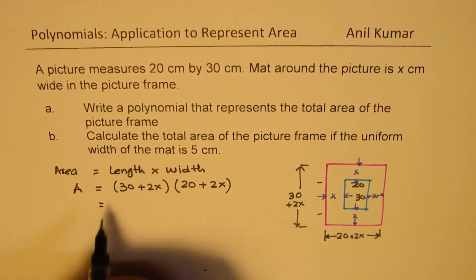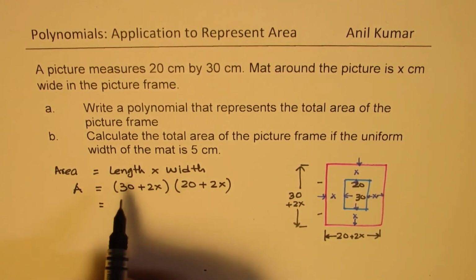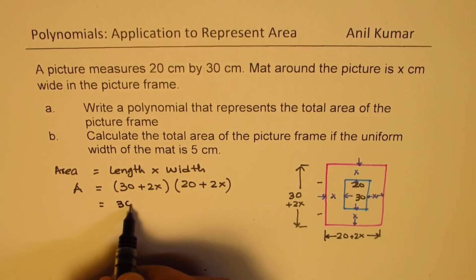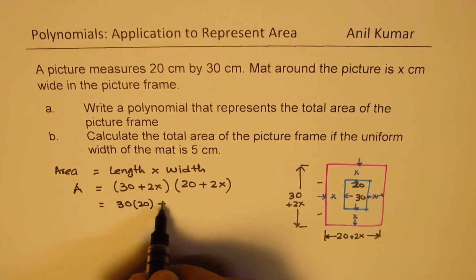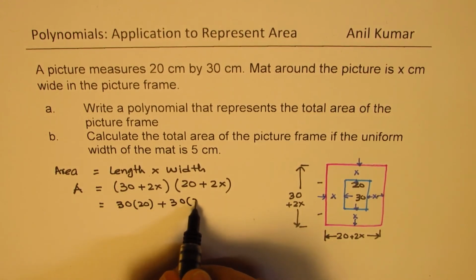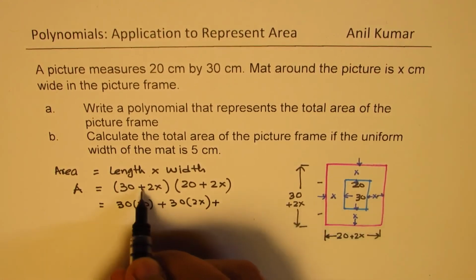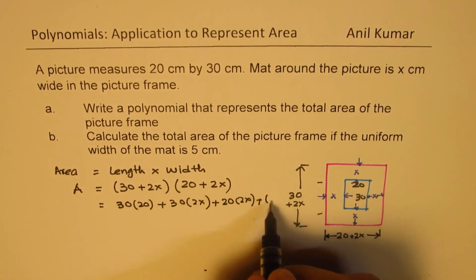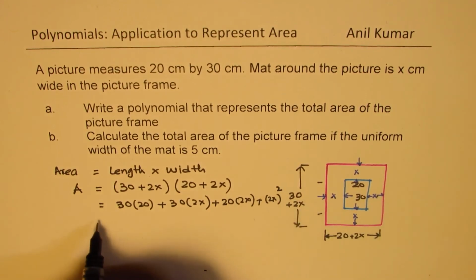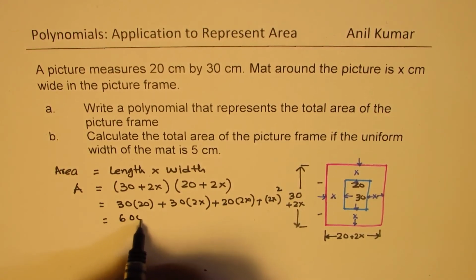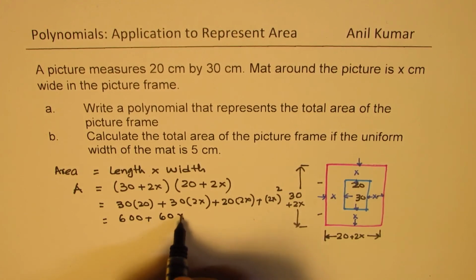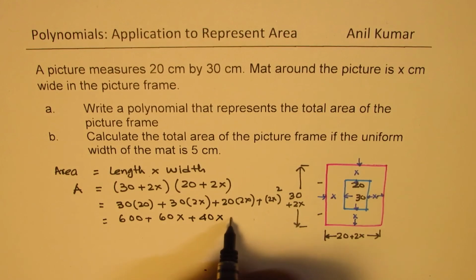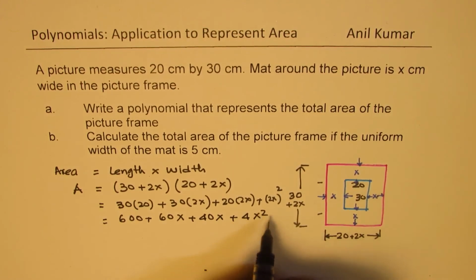Let's do that. So if I multiply 30 by 20, I get 600. So let me do it in steps. So we have 30 times 20 plus 30 times 2x plus 20 times 2x plus 2x times 2x. Let me write 2x whole square, right? So which is 600 plus 60x plus 40x plus 4x square, right?